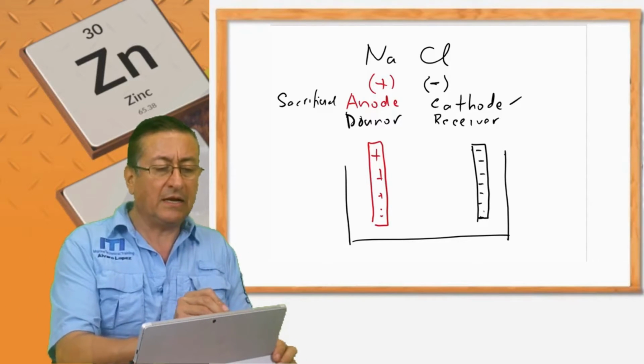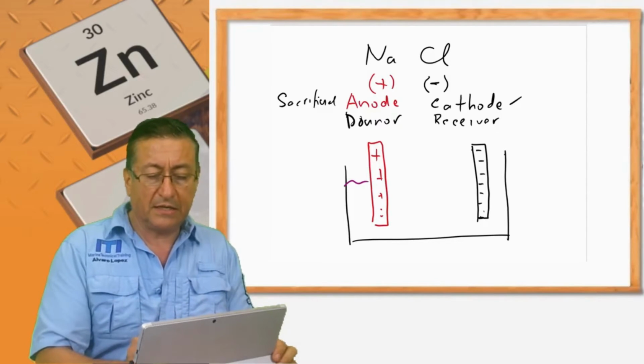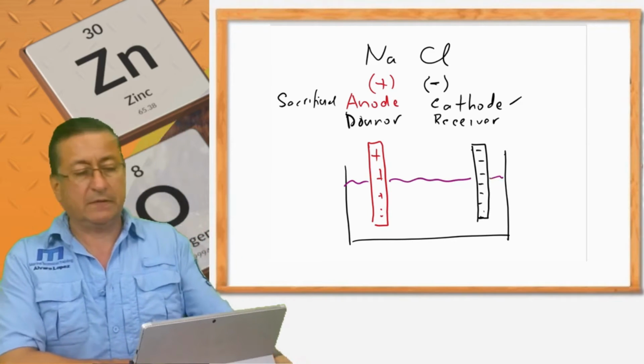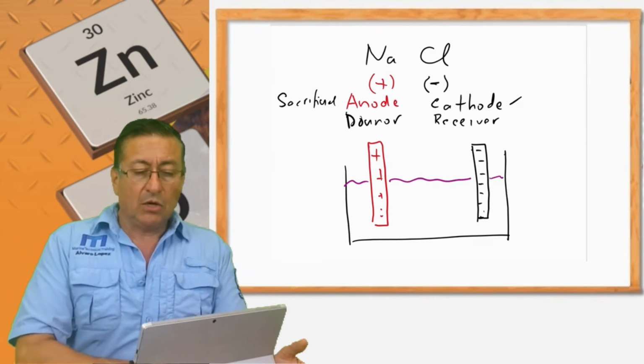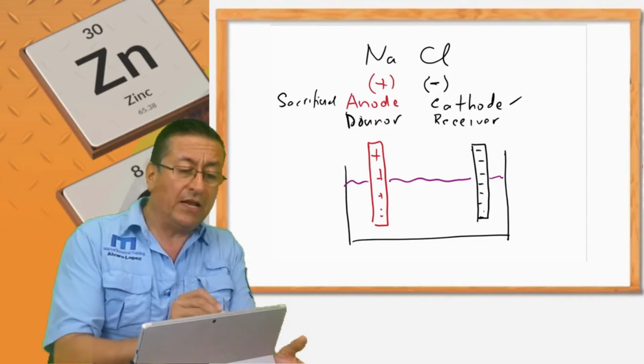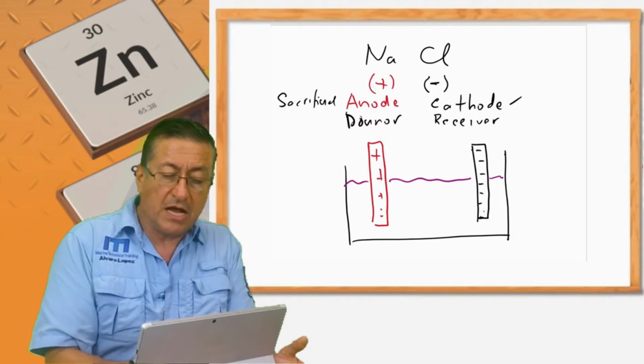And I have the electrolyte here, the liquid, the conductor. Okay, how is the flow of electrons? The flow of electrons is in this direction. Look, the electron goes out from the positive terminal.